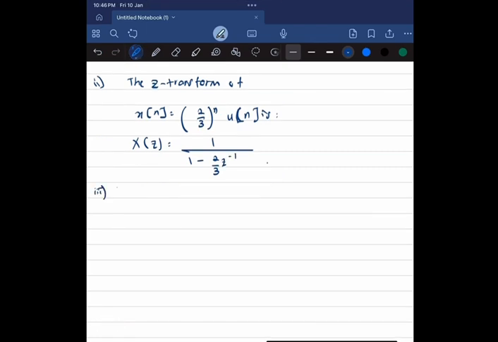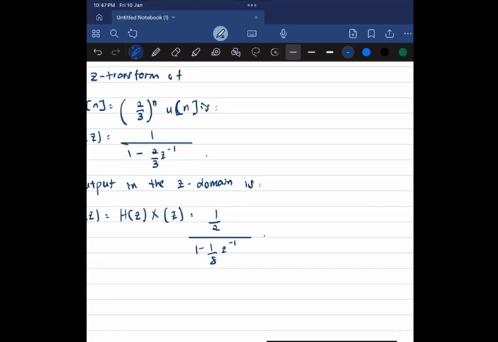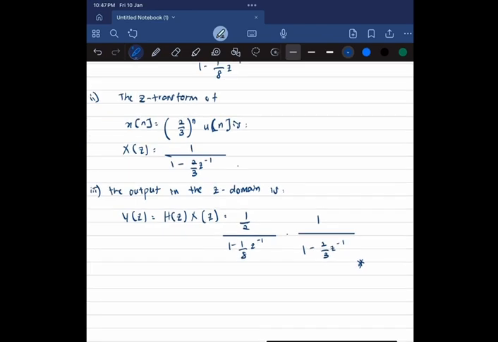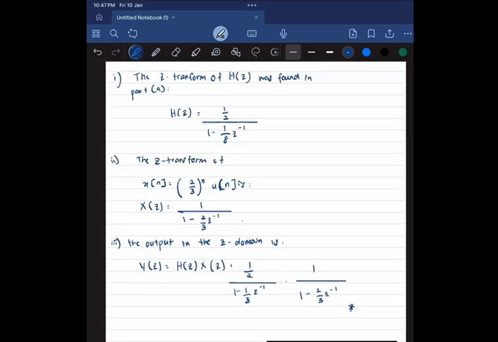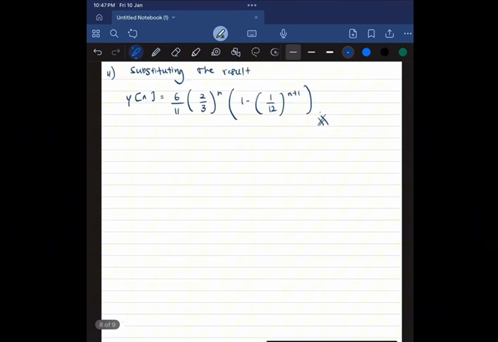So the output in the z domain is Yz equals Hz multiplied by Xz, which equals 1 over 2 divided by 1 minus 1 over 8 z to the power of negative 1, multiplied by 1 over 1 minus 2 over 3 z to the power of negative 1. That is the answer for the frequency domain, question 2b.